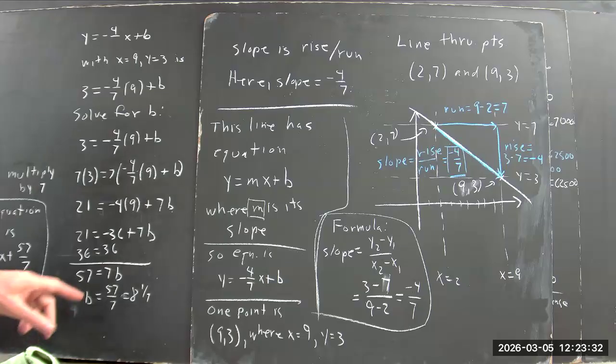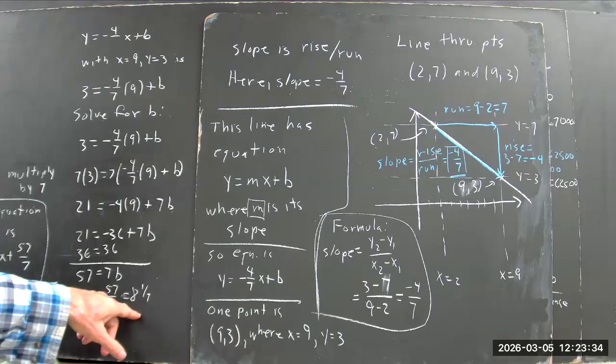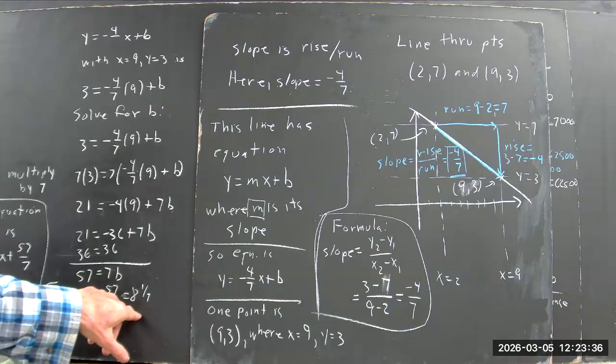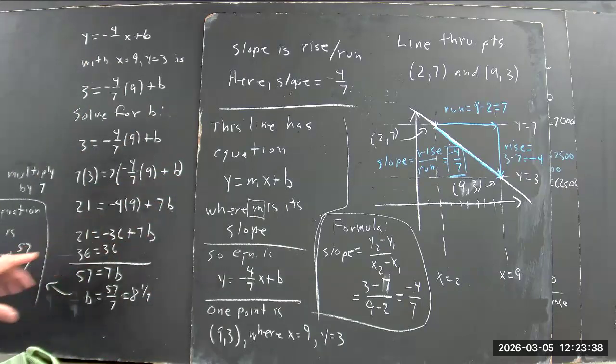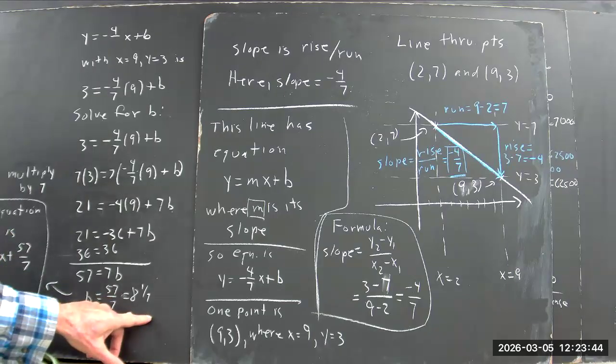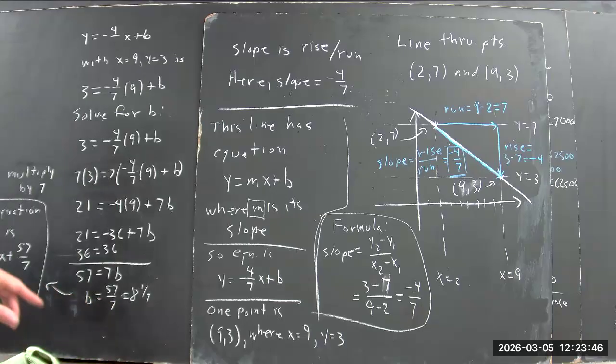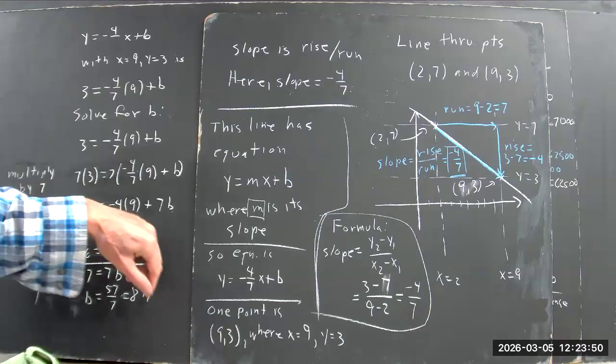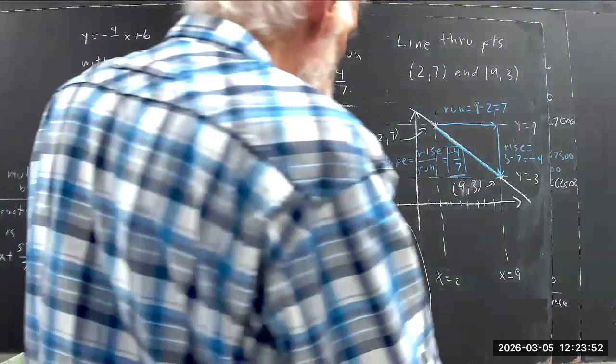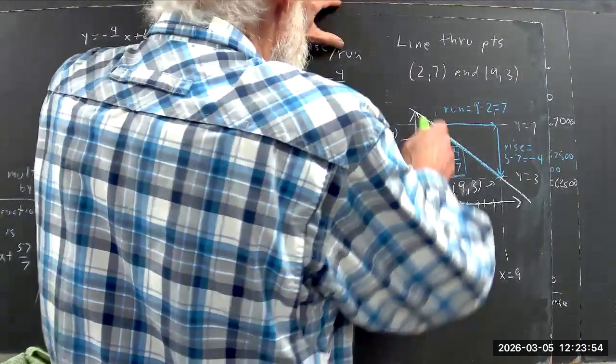And then we can ask, does it make sense that b equals 8 1/7? If x equals 0, you get y equals 57/7, which is 8 1/7. That means the point where x is 0 should give you y equals 8 1/7. Well, that point is the y-intercept.